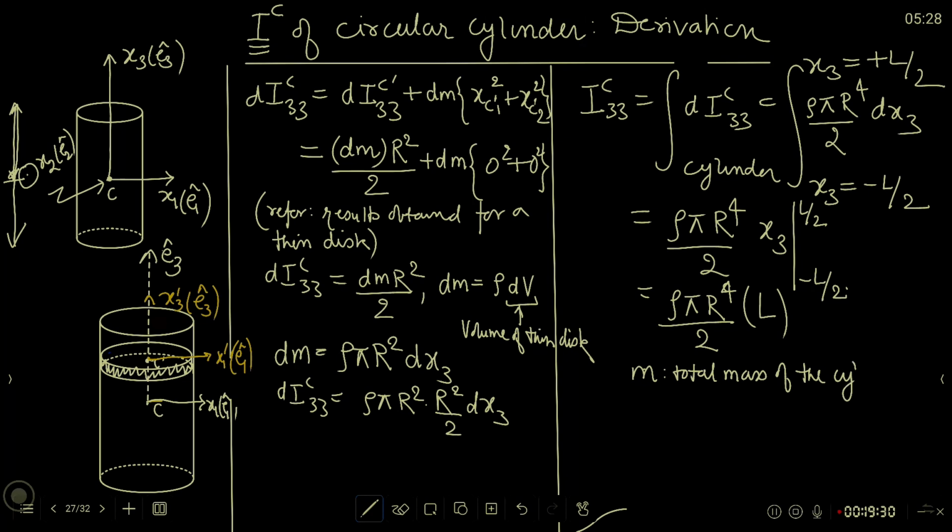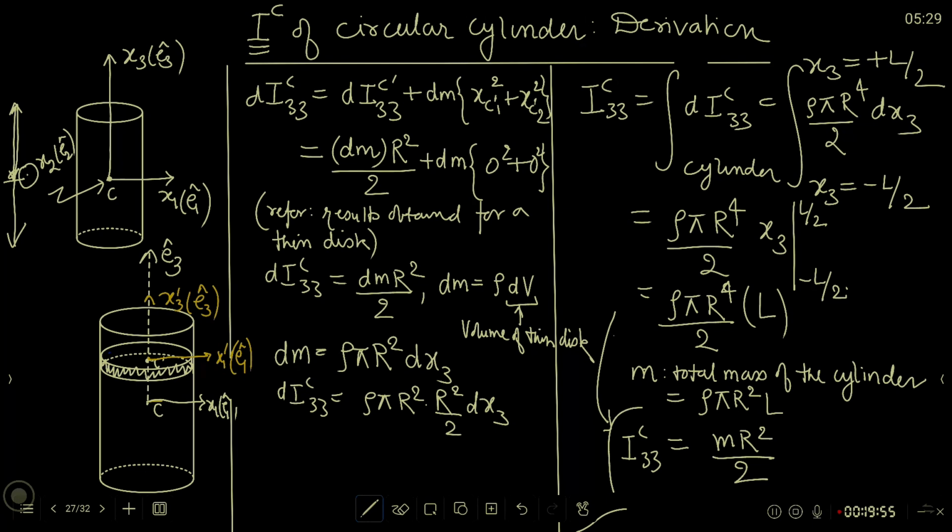If we use the symbol M to denote the total mass of the cylinder, that will be rho times pi R square times L. And thus IC33 will be M R square by 2, which happens to be the same as if this cylinder is a thin disk.